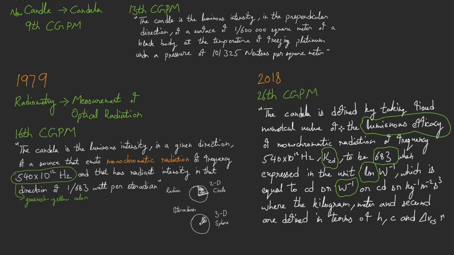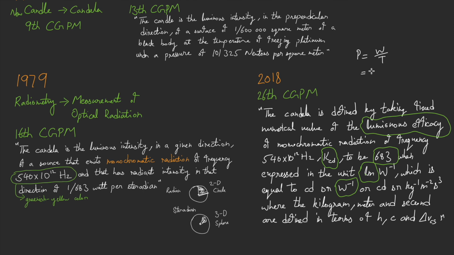So how does it work? Watt is actually the unit of power. Let me just explain. P for power, and then what is power? The work done in time.